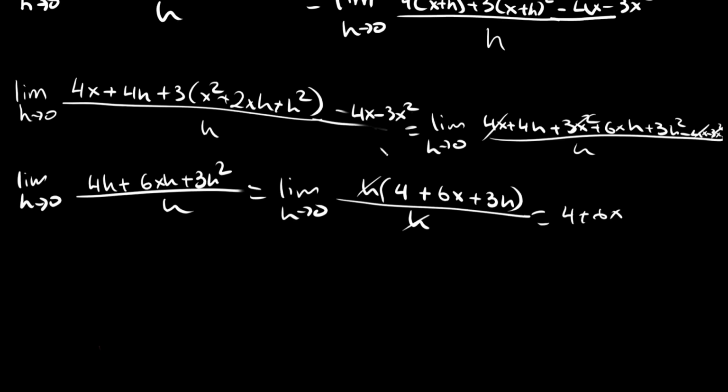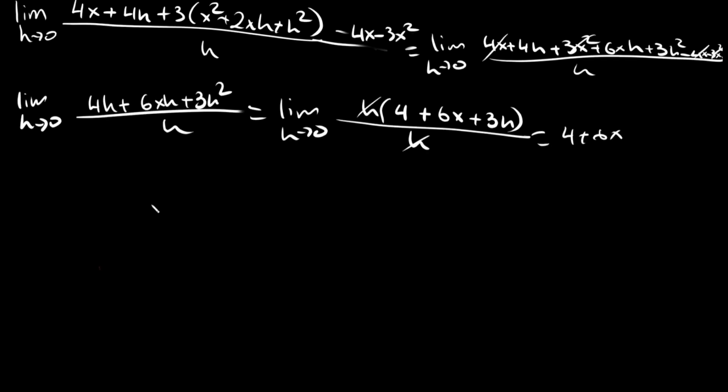And if you guys followed my last video, we learned that if f of x equals x to the power of n, f prime of x, in other words, the derivative of x to the power of n, is equal to n times x to the power of n minus 1. Let's apply that here.